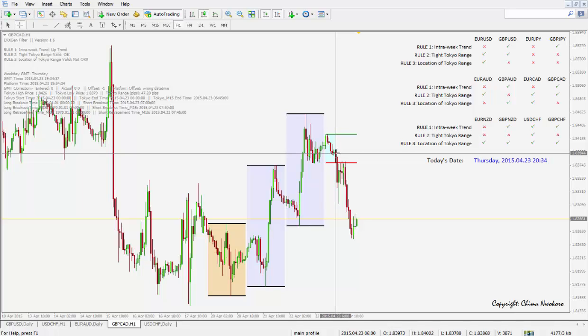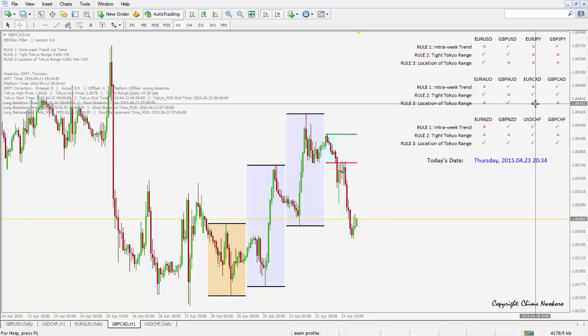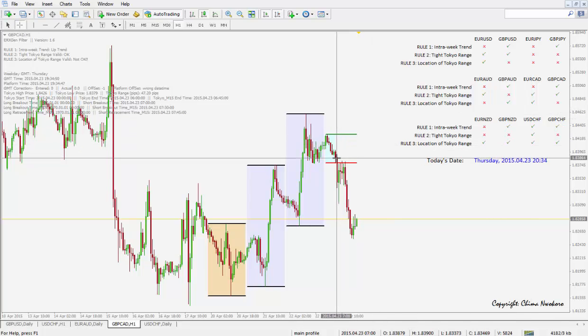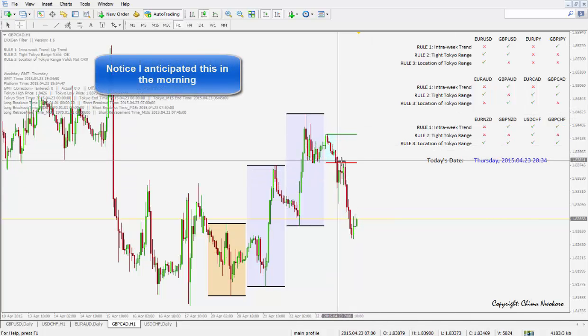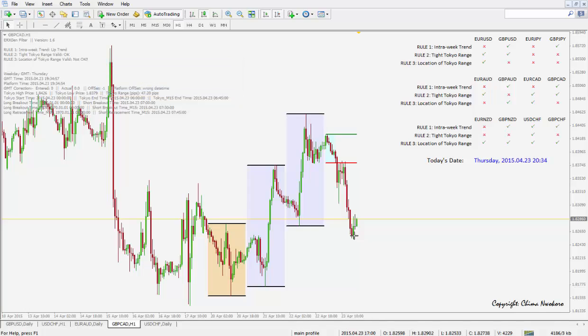But by the close of that candle, it dropped below it, and so straight away GBP CAD became invalid. However, this trade would have been a very profitable trade, 122 pips. But you have to remember, you stick to the rules of your engagement. So in this case, we wouldn't have taken this trade, although it turned out to be a good trade.